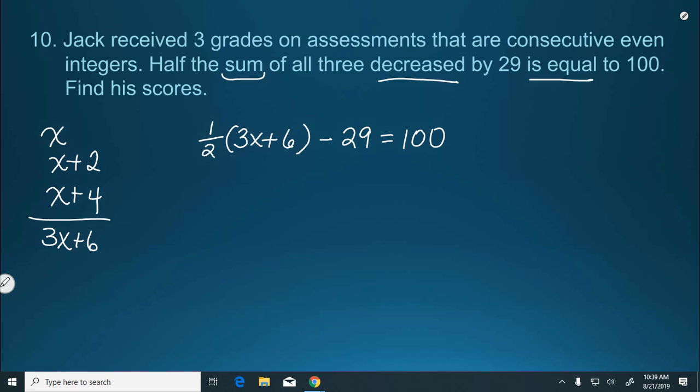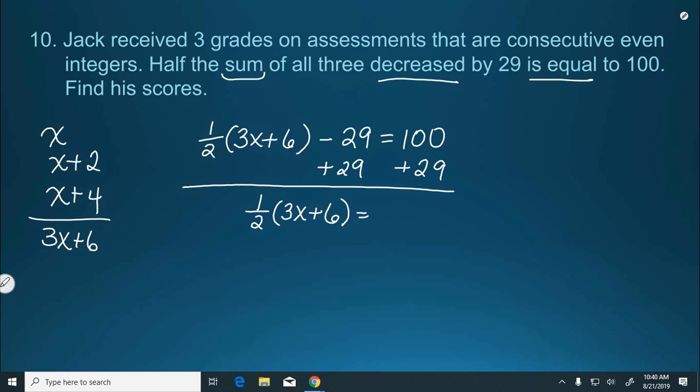All right, so now we can solve the equation. I'm going to start by adding 29 just to get rid of this minus 29 on the end. And I get 1/2 of 3x plus 6 equals 129. Now, again, there are two ways I can do this. So I'm going to rewrite it. You can pick which way you are most comfortable with.